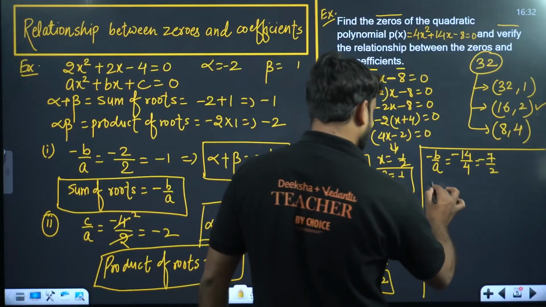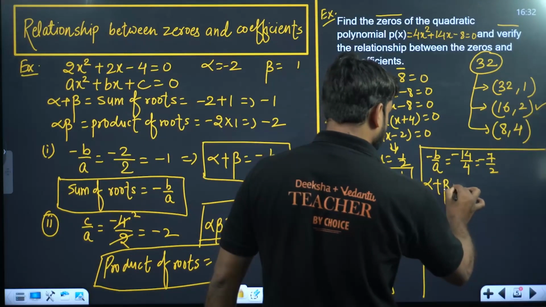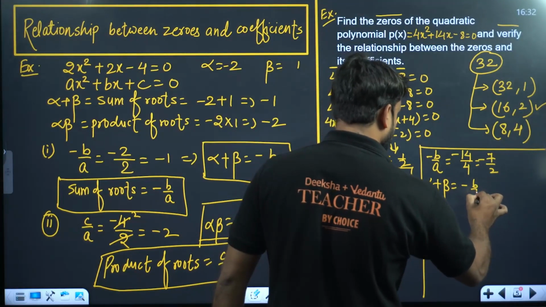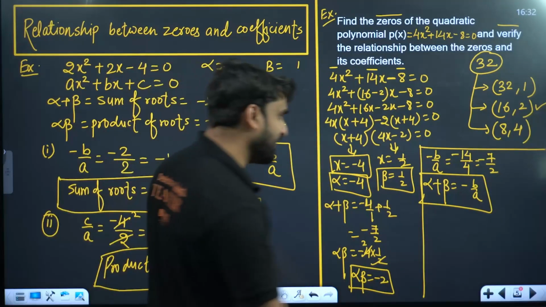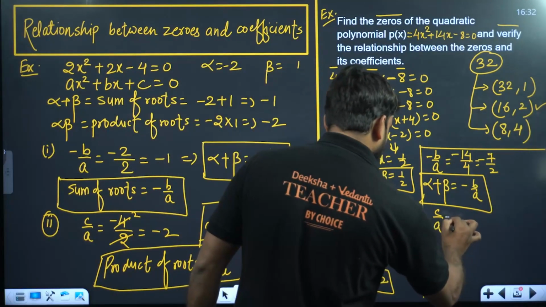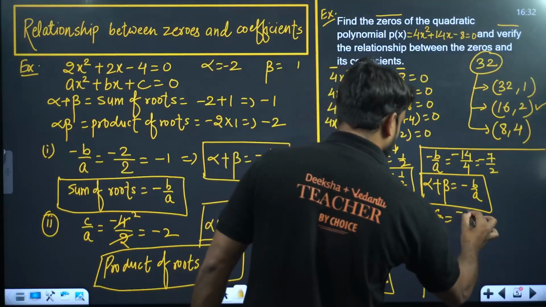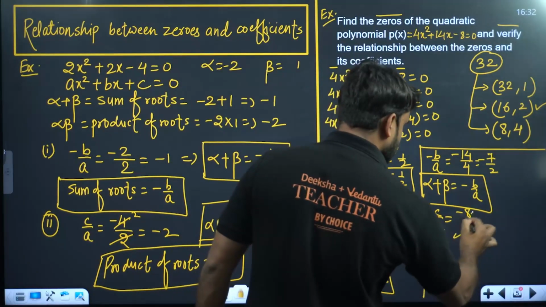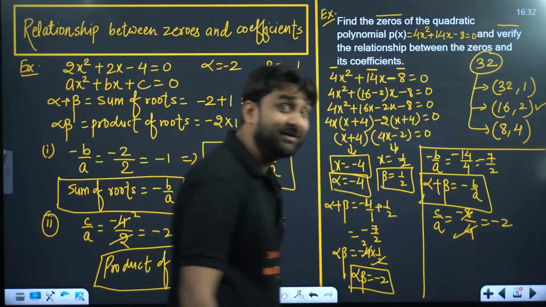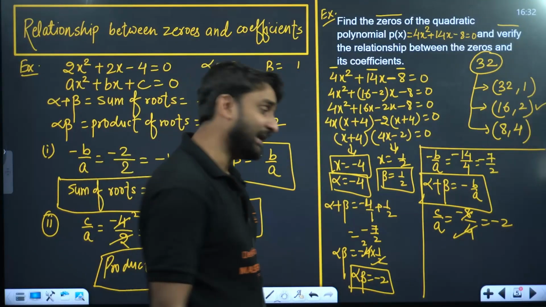So hence proved that alpha plus beta is equal to minus b by a. Verified. Right? Now find out c by a. Where is c? c is minus 8, already minus, and a is 4. Now solve this. So 4 twos are 8. Wow! Minus 2. And what is minus 2? Alpha into beta. Hence proved.